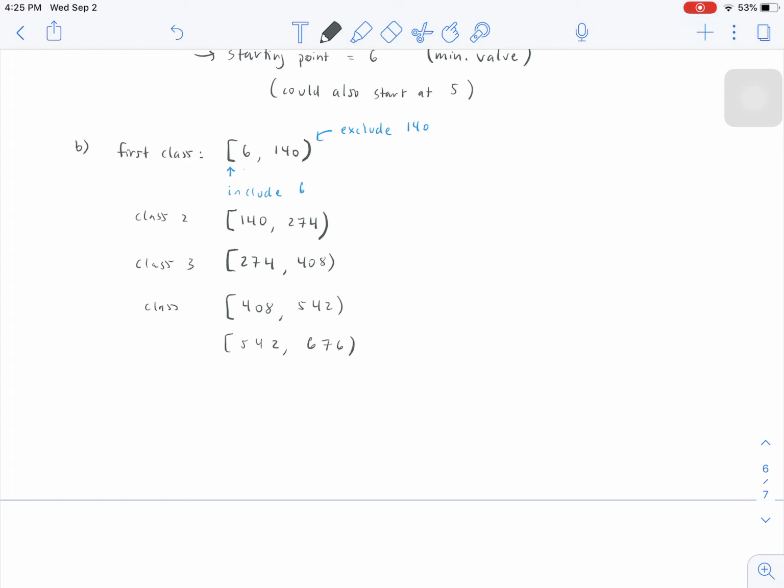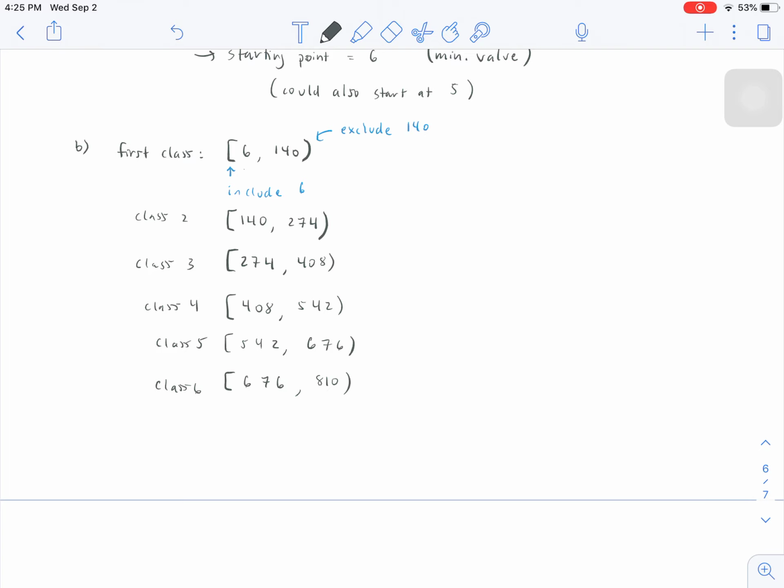So class 4, class 5. And then our last class will start at 676 and go up to 810.